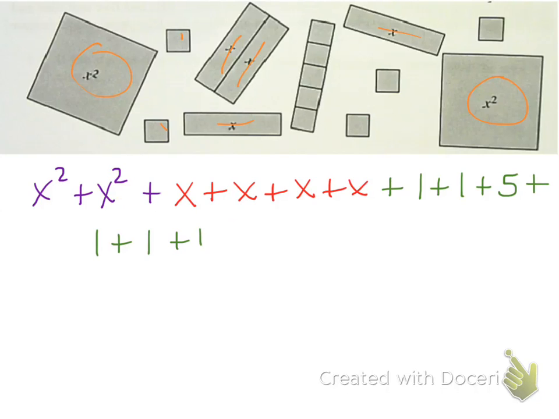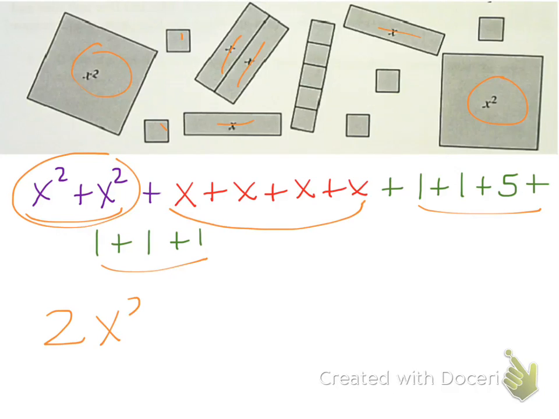Now some of you may have just right away combined like terms, and I color-coded my like terms. So again, x squareds are a like term. It's like their own little set, their little family. All the x tiles are a term, and all the unit tiles are a term. So if I combine all of my like terms, I have 2 x squareds, so I could write it like this.